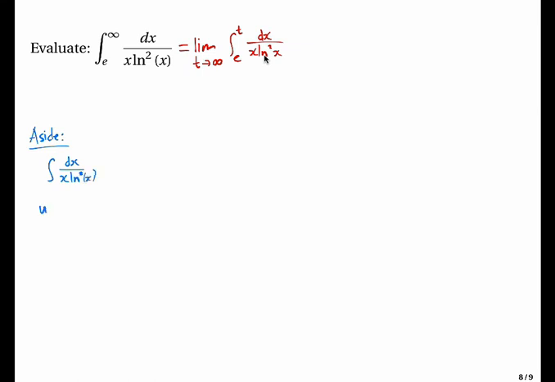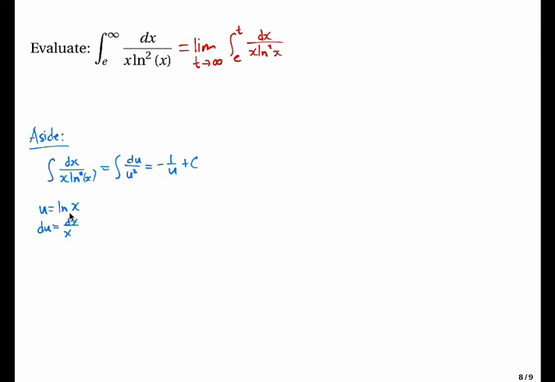Still let u be equal to ln of x, du equals 1 over x dx. So, this becomes the integral of 1 over u squared du. And this is negative 1 over u plus c. And then you bring back that ln of x again.